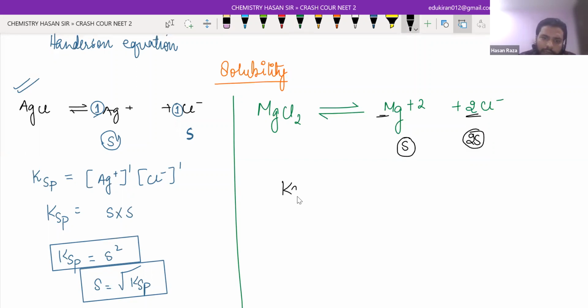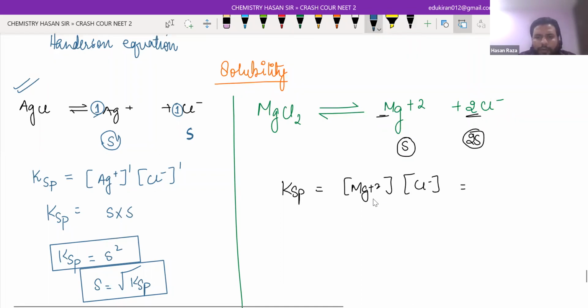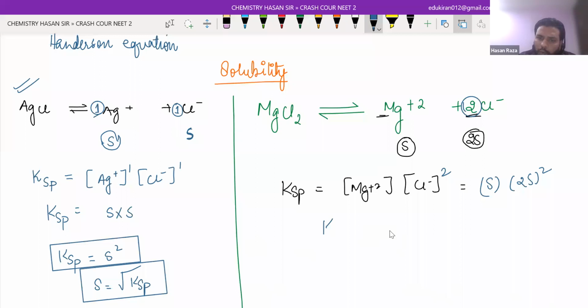So now again Ksp will be equal to the concentration of Mg+2 into concentration of Cl-, that is basically solubility of Mg+2, solubility of Cl- raised to the power 2, because this is your 2 as a stoichiometric coefficient, and then S into 2S whole square. So here Ksp will be equal to 4S cube.